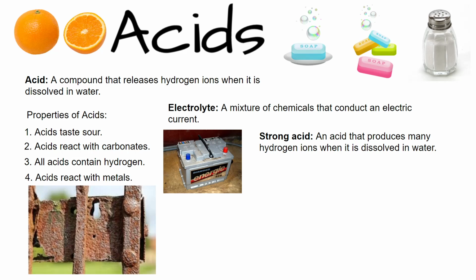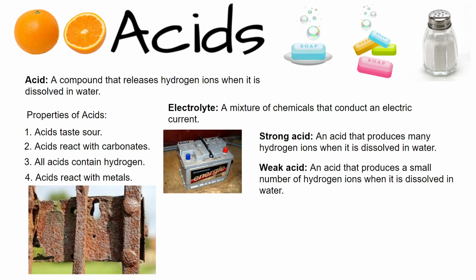An acid that produces a small number of hydrogen ions when it is dissolved in water is called a weak acid. Acetic acid is a weak acid. 100 of these molecules would produce about one hydrogen ion and one acetate ion. The other 99 molecules would remain as acetic acid molecules dissolved in water. Acetic acid, carbonic acid, citric acid, and boric acid are all weak acids.